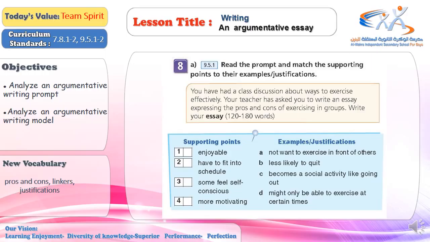That is, might only be able to exercise at certain times. 2D. 3. Some feel self-conscious. That's A. Not want to exercise in front of others. 4. More motivating. That's B. Less likely to quit. So there was an example of supporting points and examples and justifications for these supporting points.